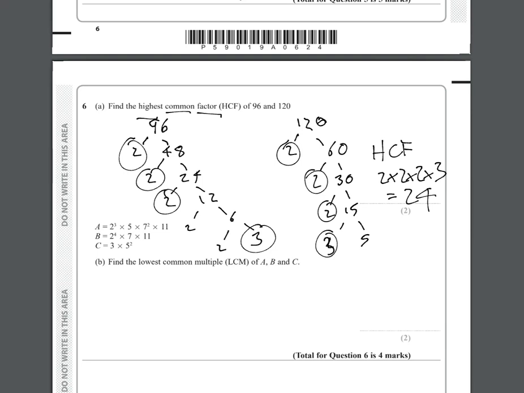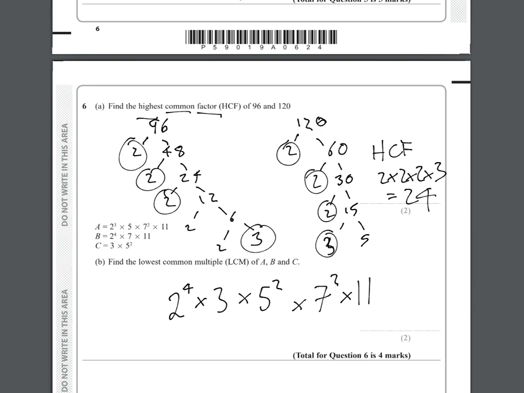Find the lowest common multiple. So the lowest common multiple has to be a multiple of all these things. So it's actually the highest number of all of these. So it's 2 to the 4 times a 3 times the highest number of 5's, which is 5 squared, highest number of 7's, which is 7 squared, times an 11.